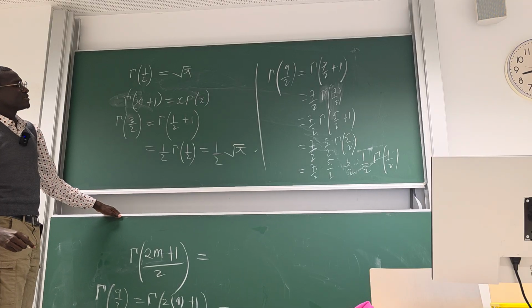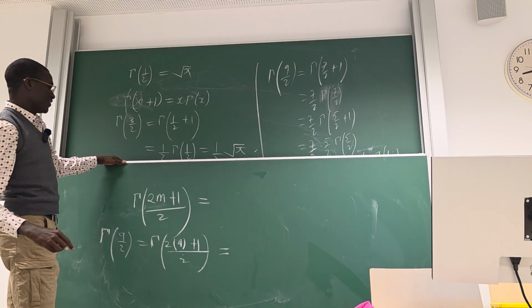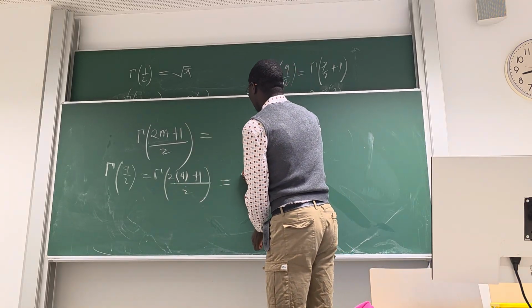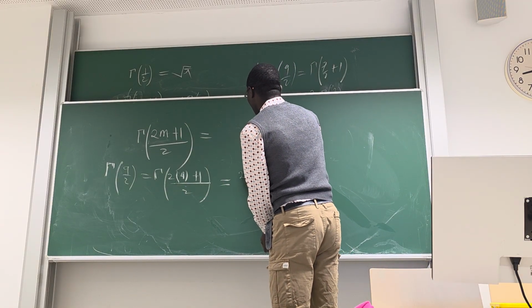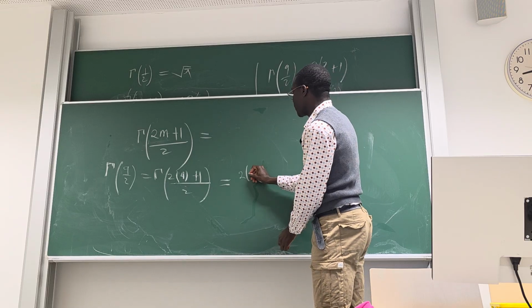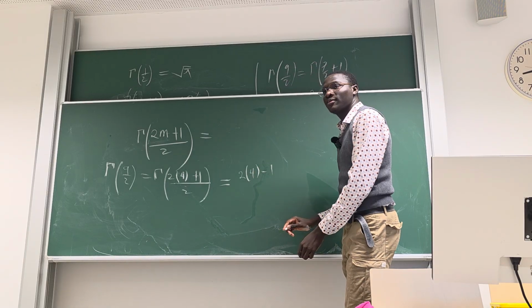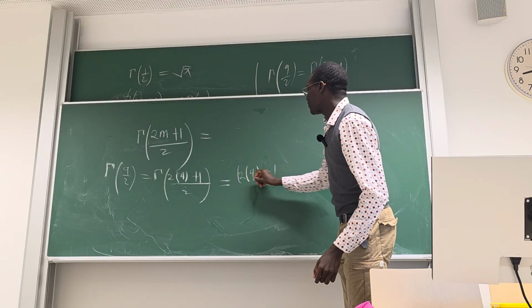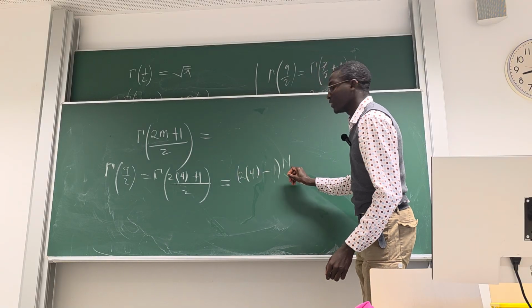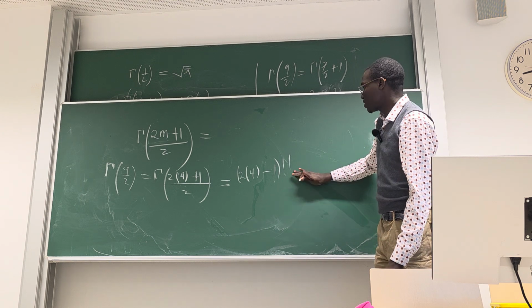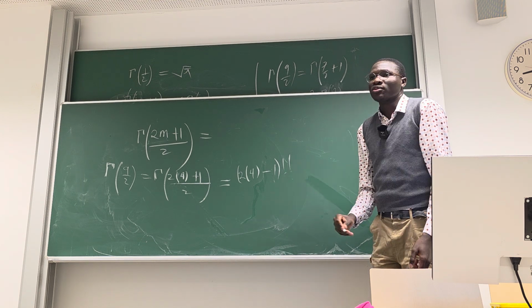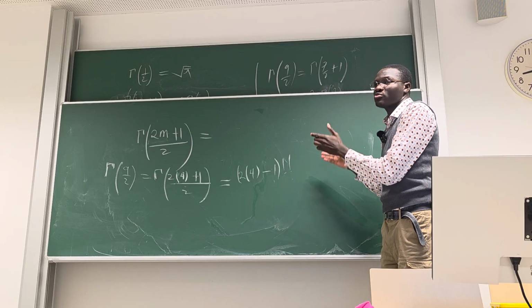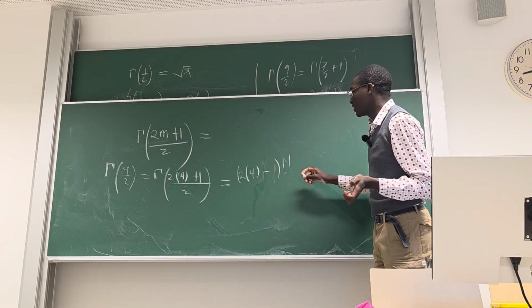We had 7, 5, 3. 7 is 2 times 4 minus 1, right? So there's something we call the double factorial, okay? Which means just keep repeating the odd values, like just keep decreasing the factorials by 2. That's the meaning, right?